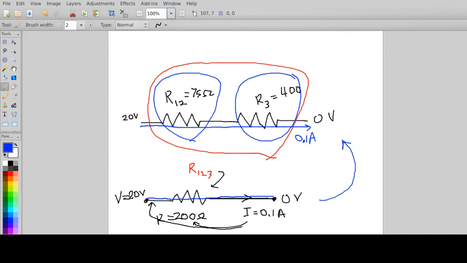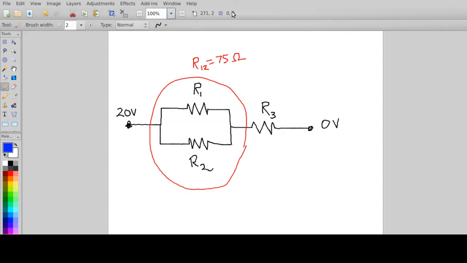Let me switch to the other diagram right here. Now we know that the current right here is 0.1 amps. Hold on, I didn't draw that right.